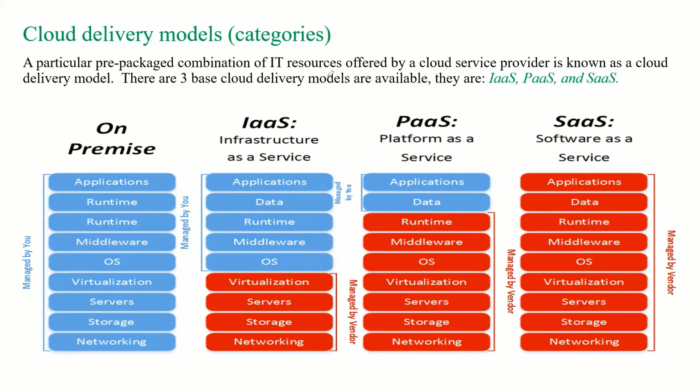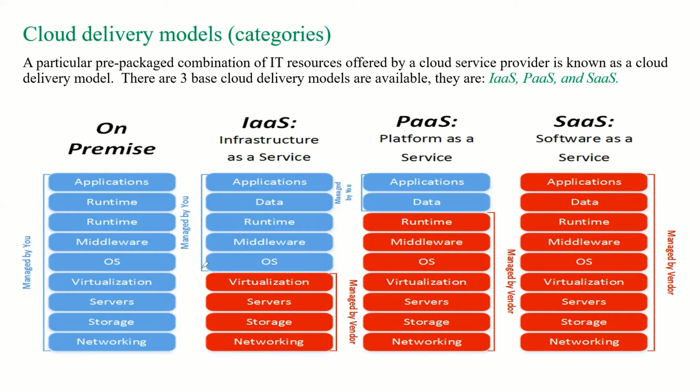Can someone tell me where we see this infrastructure as a service? Remember our lab exercise, the EC2, the Linux virtual machine or the Windows virtual machine that we created, that falls under this category, infrastructure as a service.